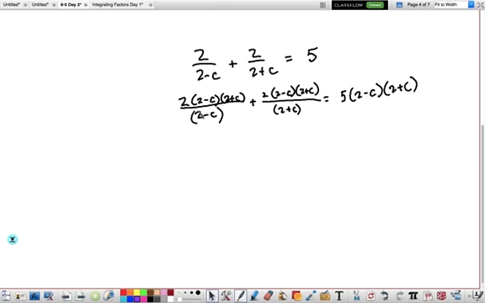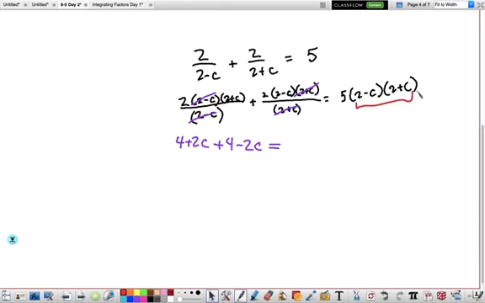Oh, there's a 5 right there. Oh, yep. Cancel the 2 minus c's. Cancel the 2 plus c. 2 times 2 plus c, so that's 4 plus 2c. Plus 2 times 2 minus c, so that's 4 minus 2c. That just comes from evaluating and simplifying the numerators.